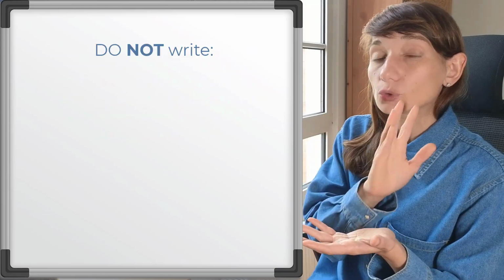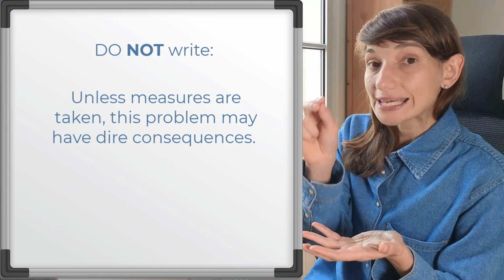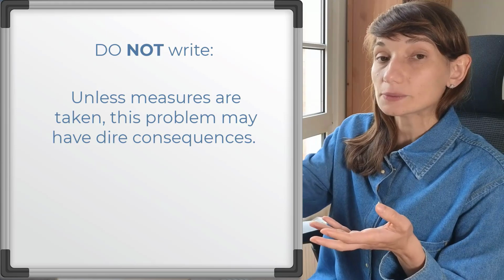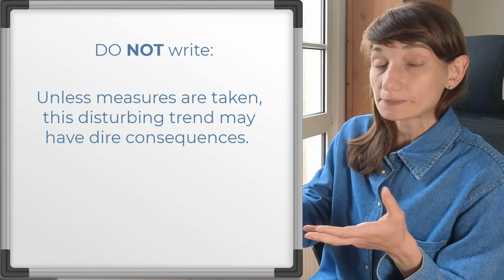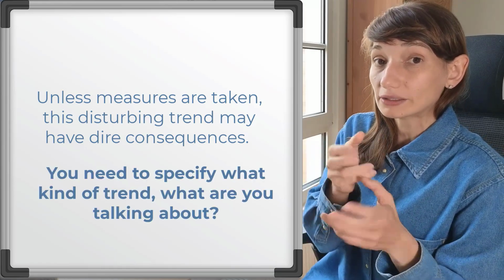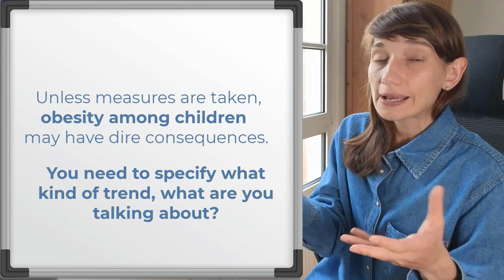For example, do not write, unless measures are taken, this problem may have dire consequences, or this disturbing trend may have dire consequences. You need to specify what kind of trend. What are you talking about? Environmental pollution? Obesity among children?